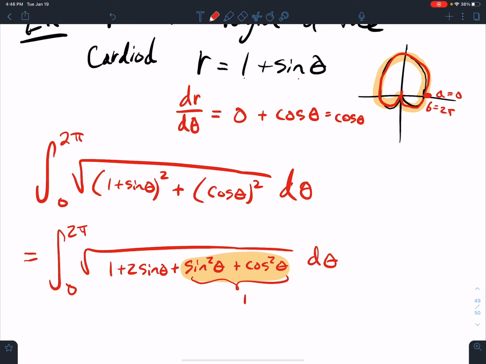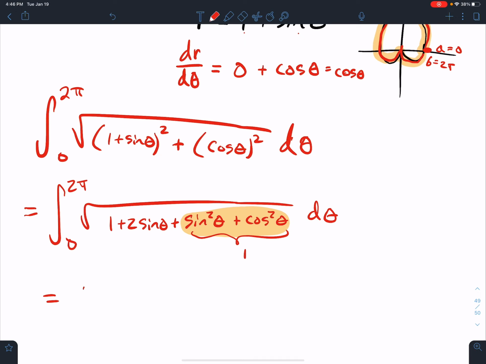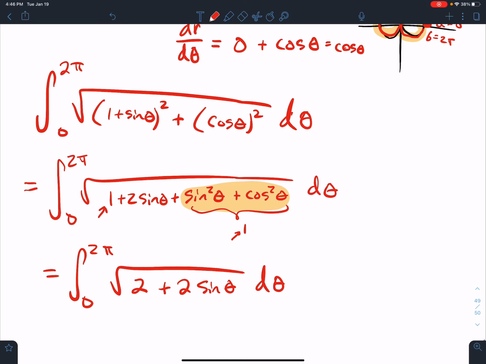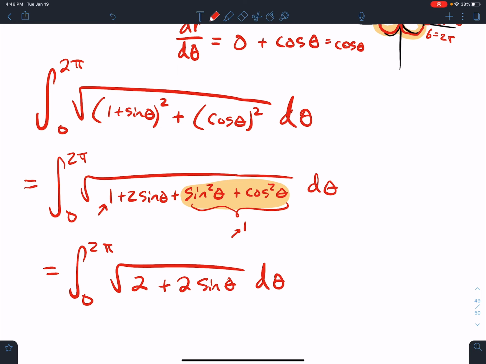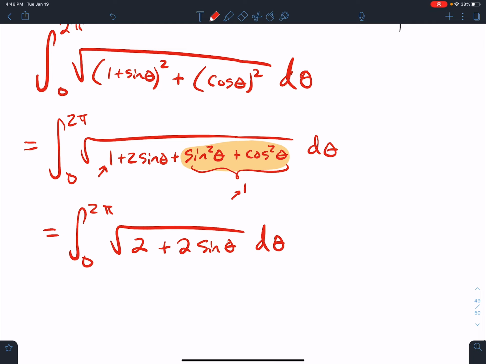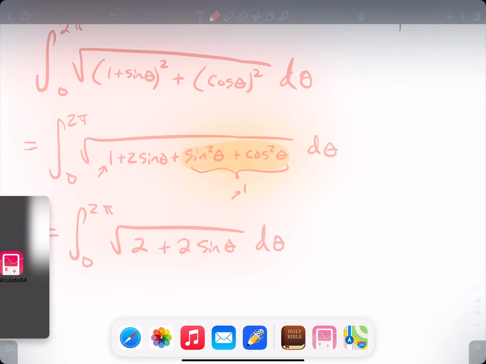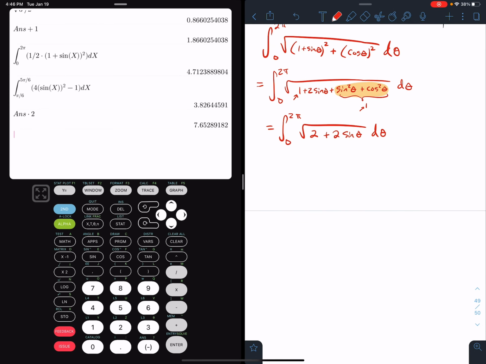Those add up to 1, the Pythagorean identity. So I have 1 and 1 make 2. So this is 2 plus 2 sine theta d theta. Okay? And at this point, I would throw it in my calculator, since you don't have a trick to get that integral.